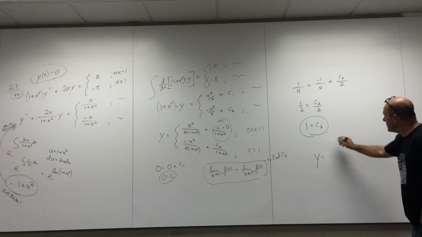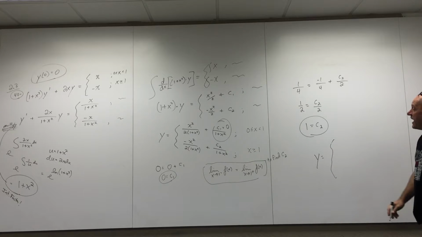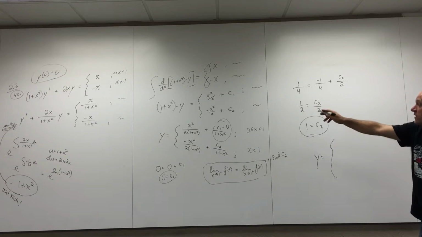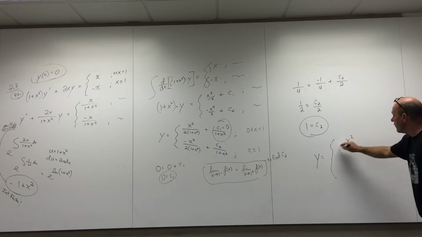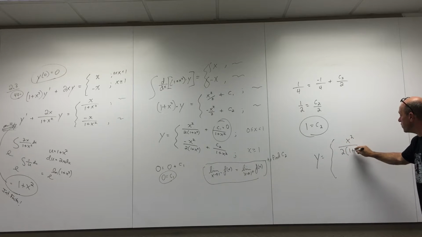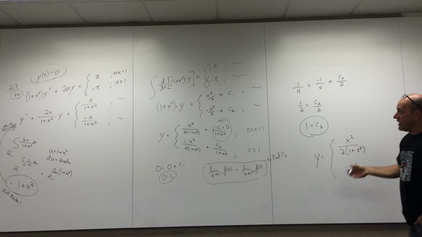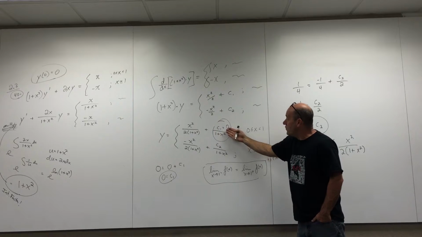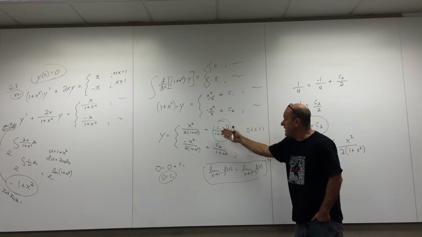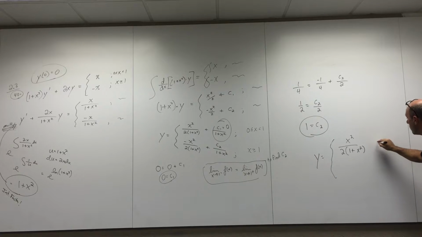So let's write our official answer. Our official answer is a piecewise answer, and it is now continuous. Here's what it is. It's x squared over 2, parentheses 1 plus x squared. And this term that you thought you were adding is just a 0, so it's not there. It is that answer when x is between 0 and 1.